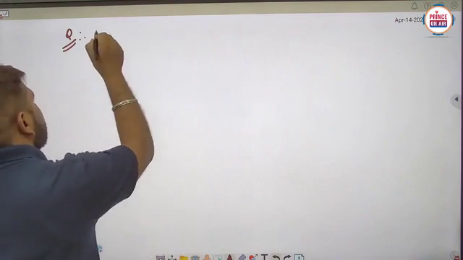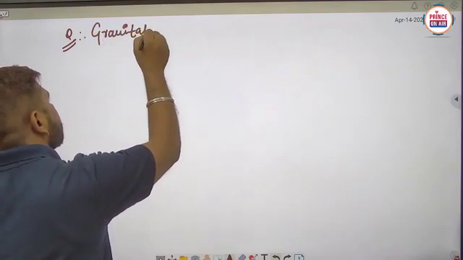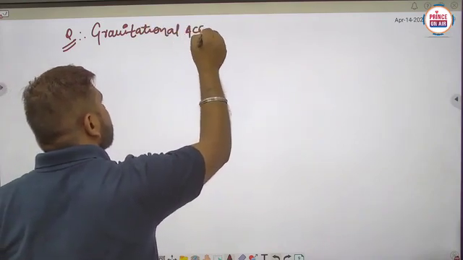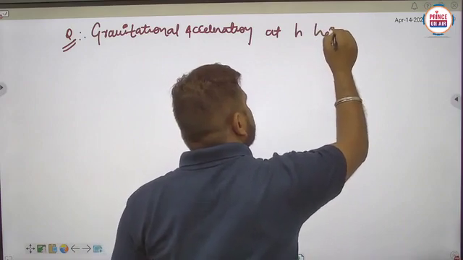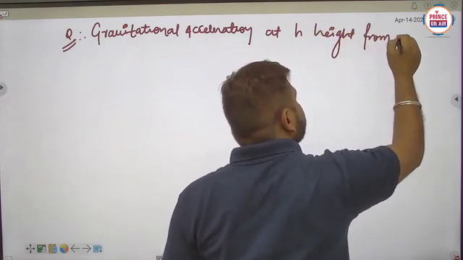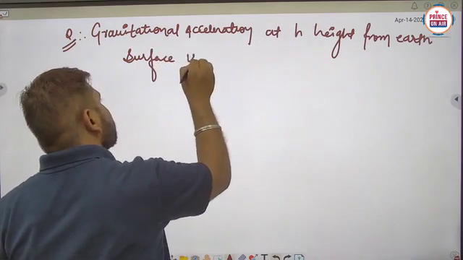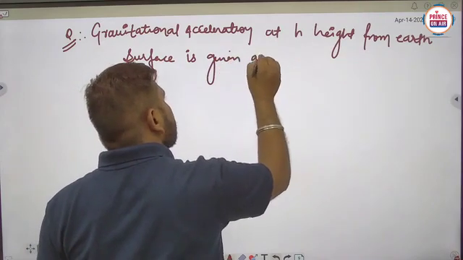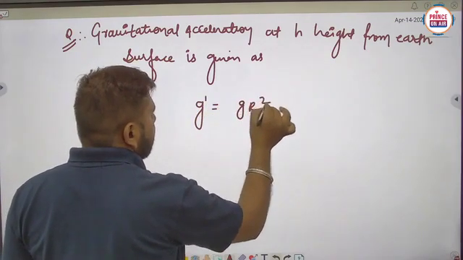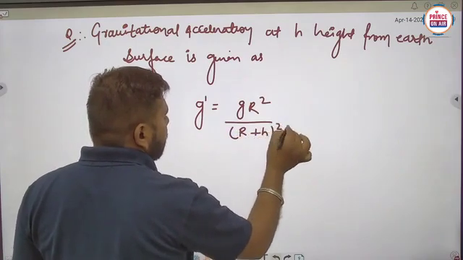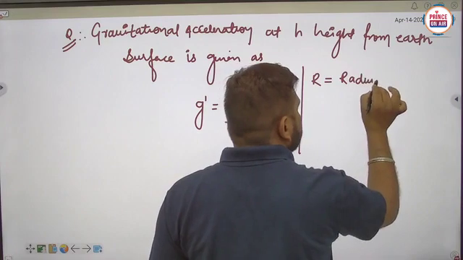Question: gravitational acceleration at height h from Earth surface is given as g dash is equal to g r square upon (r plus h) whole square, where r is equal to the radius of Earth.